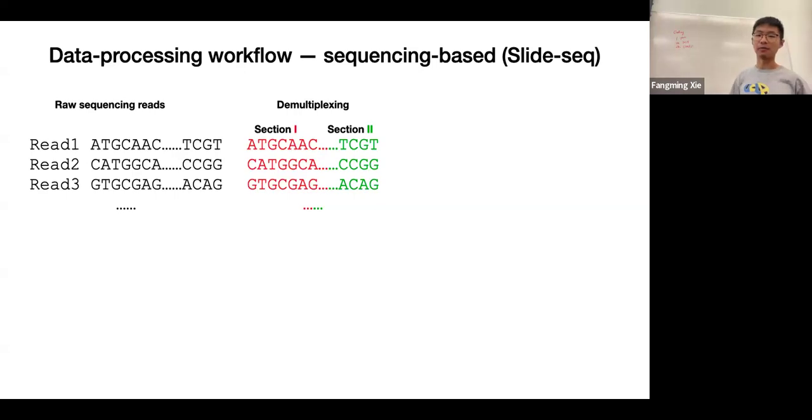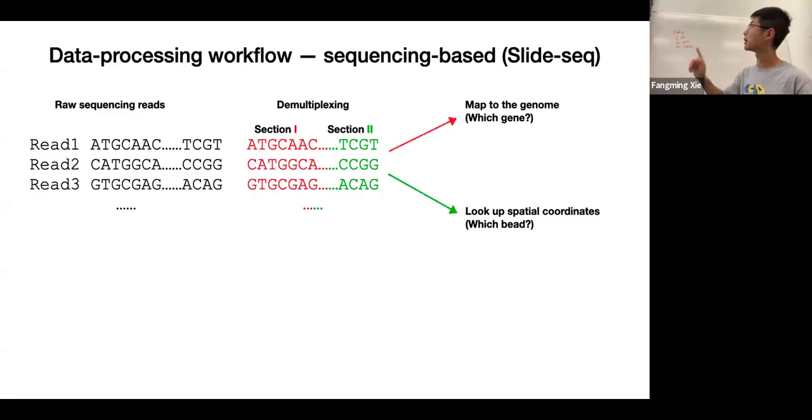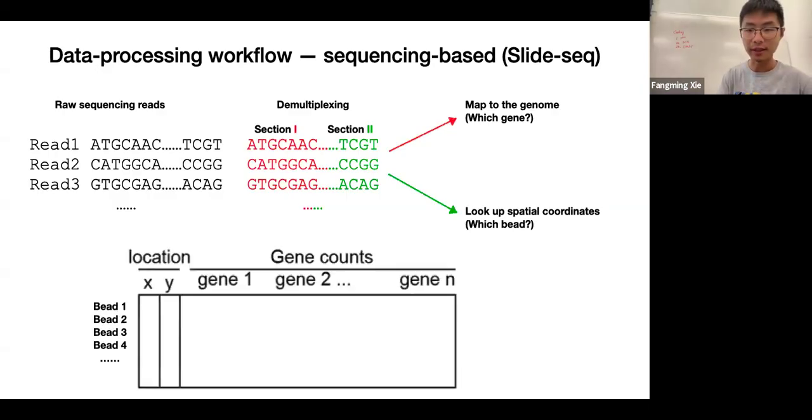Remember, we packed beads, each with a unique DNA sequence, a short oligo attached to the beads that encodes spatial information. So you parse those two parts out. One part will map to the genome, which tells you which gene that sequence belongs to. The other part tells you which bead it came from, and lets you look up their spatial coordinates. So in the end, it's still a counting problem.